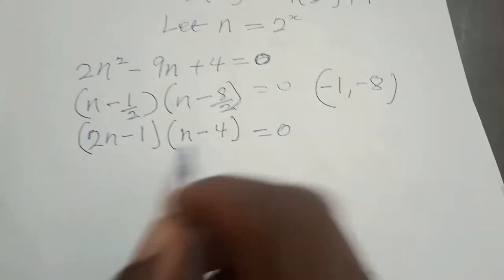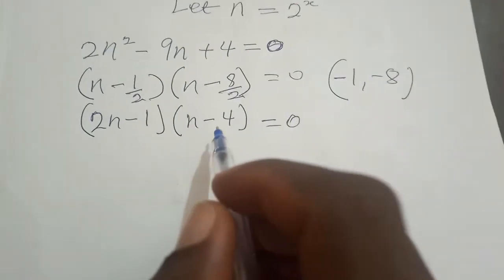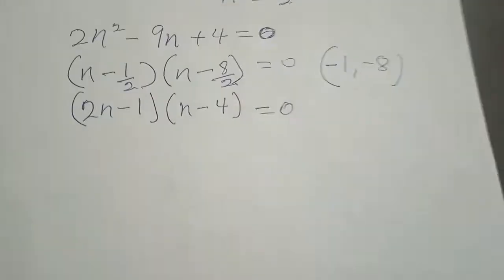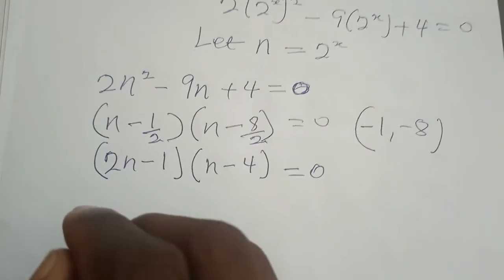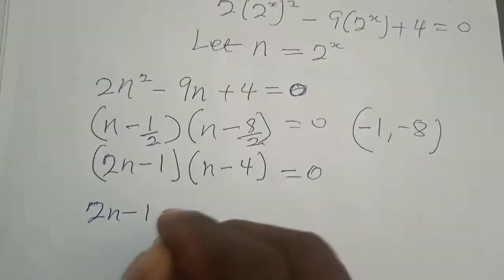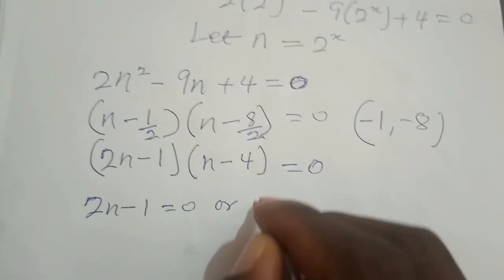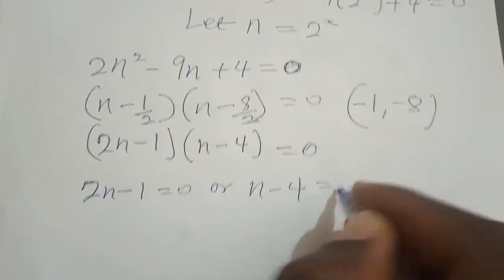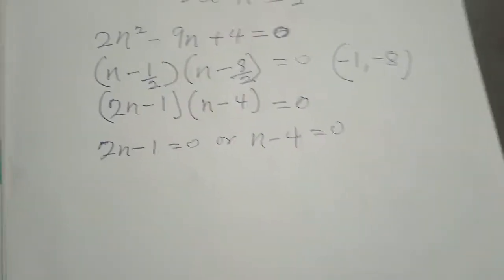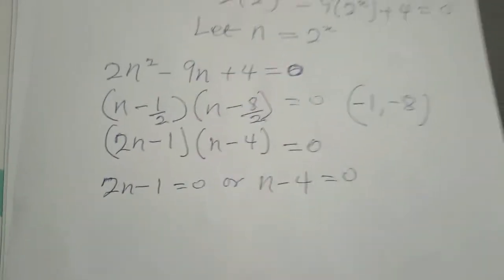Then for this equation to be true, one of them must be equal to 0, and we don't know which of them, so we equate both of them to 0, to be either 2n minus 1 equal to 0 or n minus 4 equal to 0. We want to make n the subject.